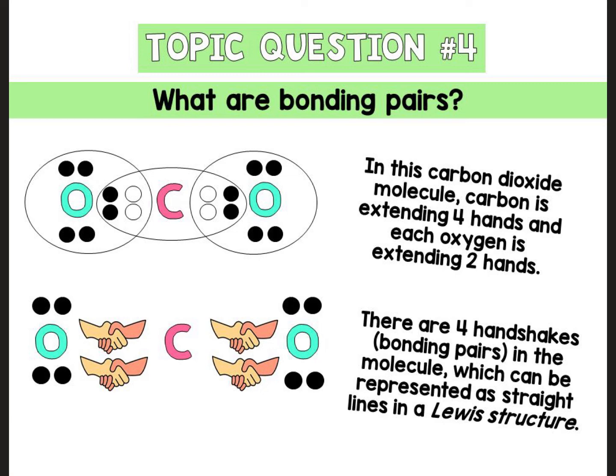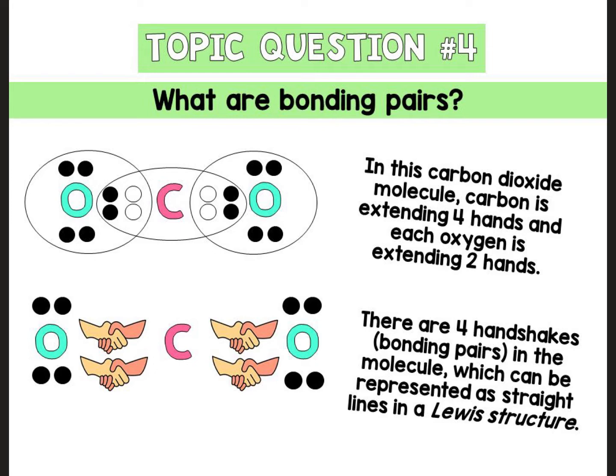However, oxygen only needs 2 more electrons to complete its octet, so it puts out its 2 unbonded electrons as negotiation for their deal. So carbon's going to shake two hands with oxygen, or form a double bond, two bonds.